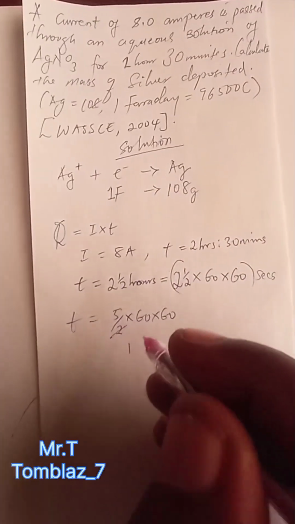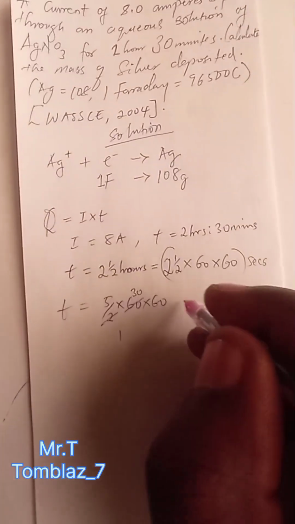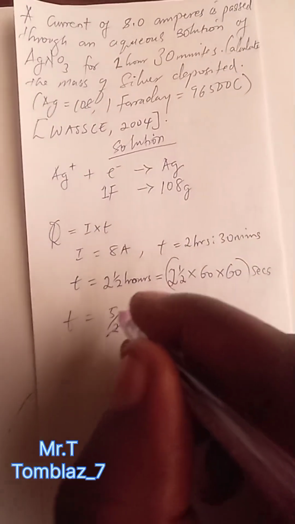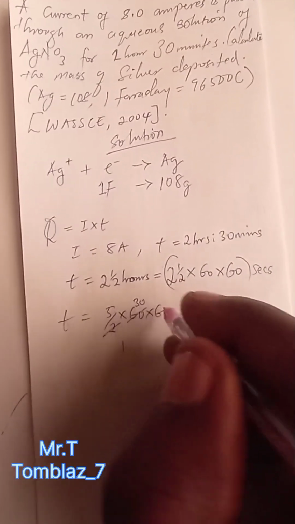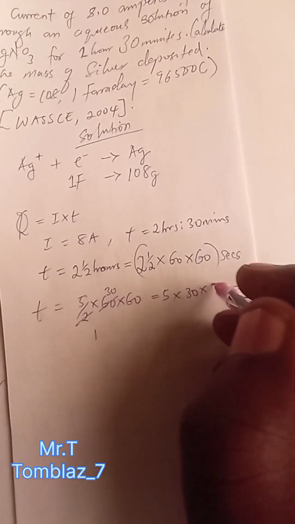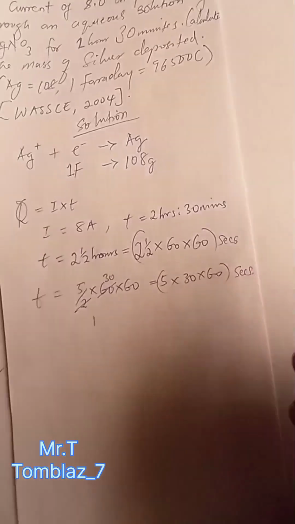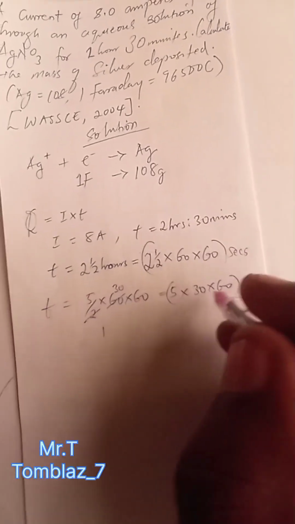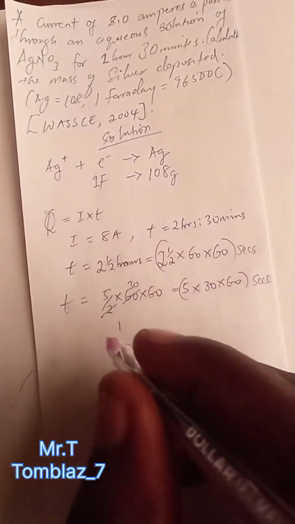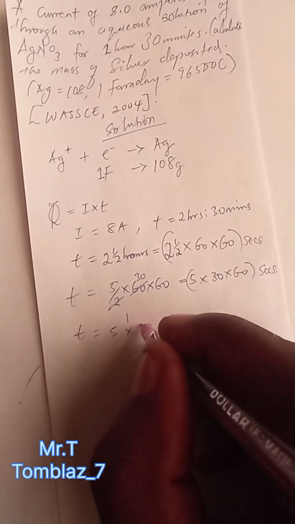So 2 here is 1, and then 2 here will give you 30. So we'll be having 5 times 30 times 60 seconds.